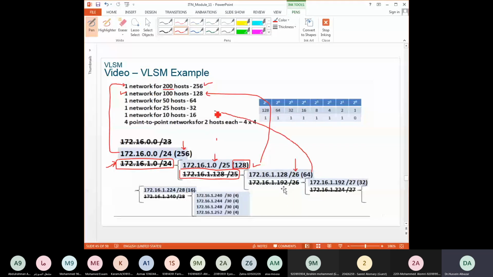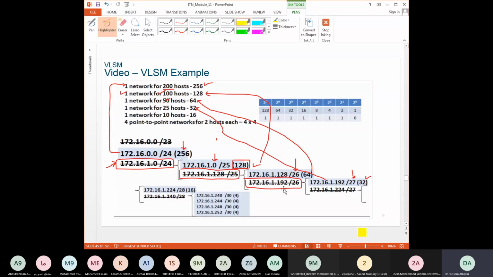And the second one, we'll borrow one more bit. So the prefix is /27, 32 host addresses per subnet. So I can assign the first one to this network.